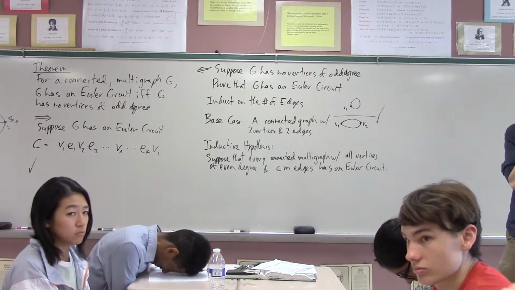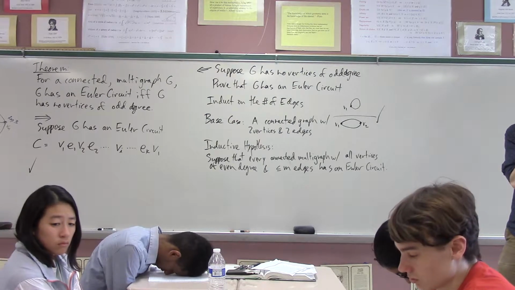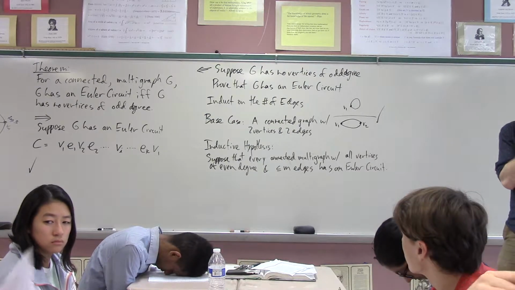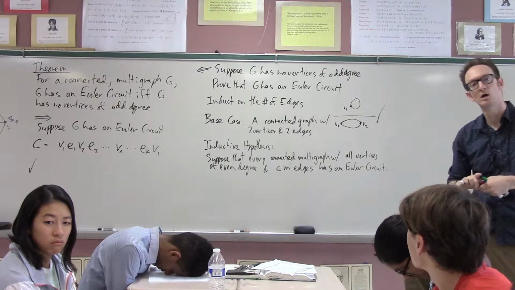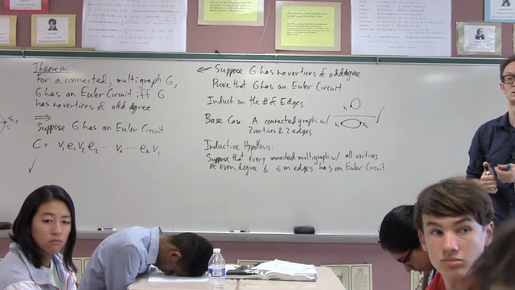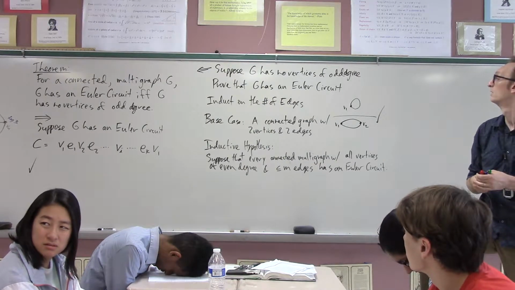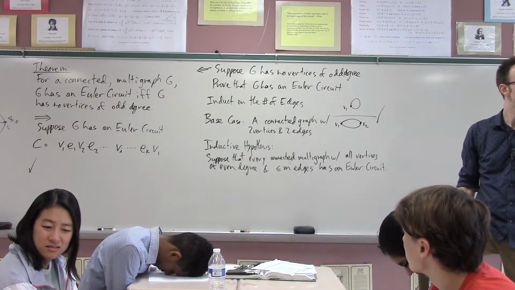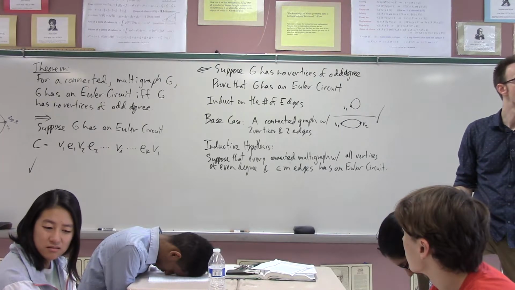No, it's an if statement, so we're fine. It's like for all connected multigraphs with m edges and vertices of all even degree, and so on. And if there is none, then it's back to zero, right? It's no big deal. Also, if it's a multigraph, you can just add a self loop. There's not a problem there.